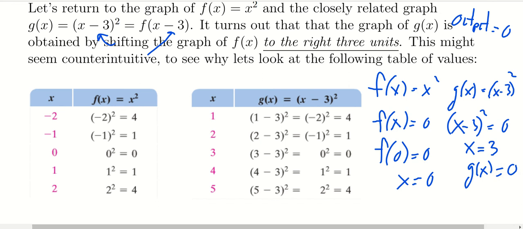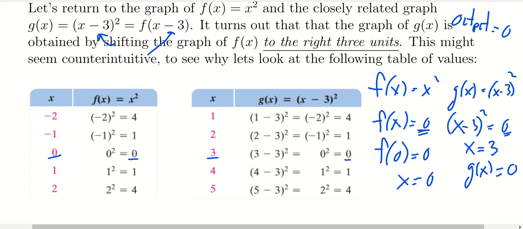And that's the value for which g of x is equal to 0. One way you can think about it is, to get the comparable value from g that we would get out of f, because we're subtracting 3, we need to compensate for that, which means we'd have to have an additional 3 on each x value to get the similar value out of g of x. So where we can just plug in 0 to get 0 out of f, we would need to plug in 3 into g to get the same output.